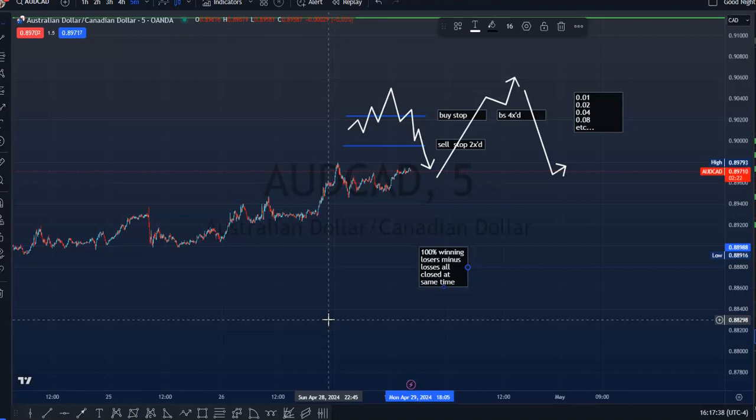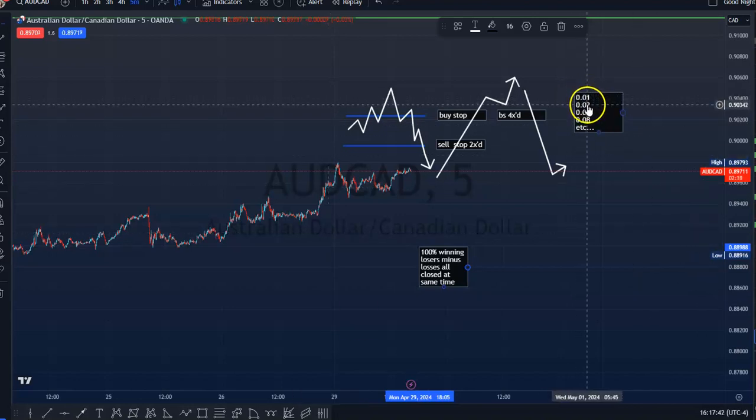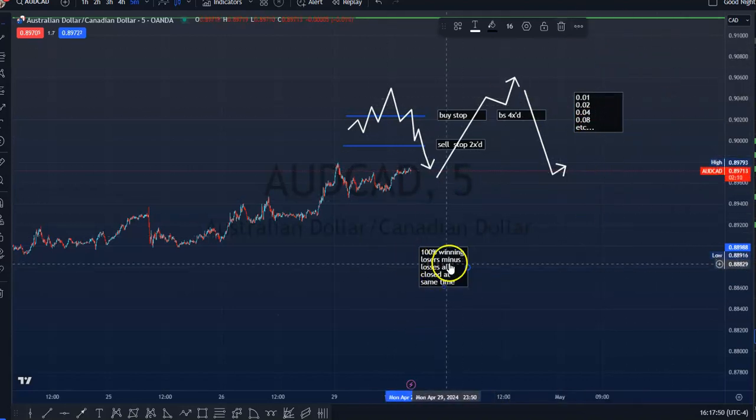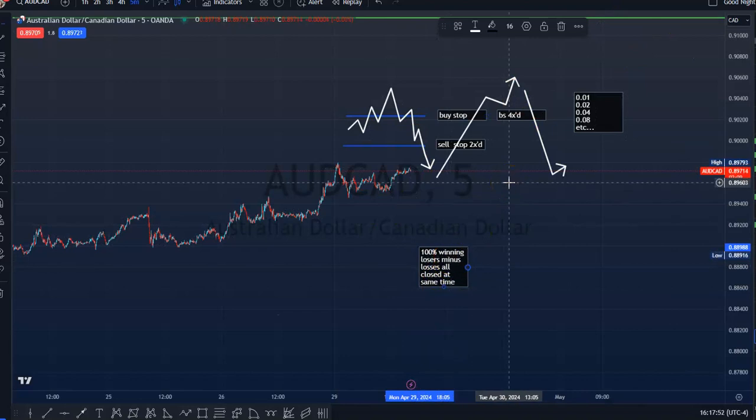I got out at the 8th time it did it. I counted 1, 2, 3, 4, 5, 6, 7, 8. When I got to 8, I got scared. And then on the 9th one, it went to target. It would have been just a sweet profit, but I was scared.